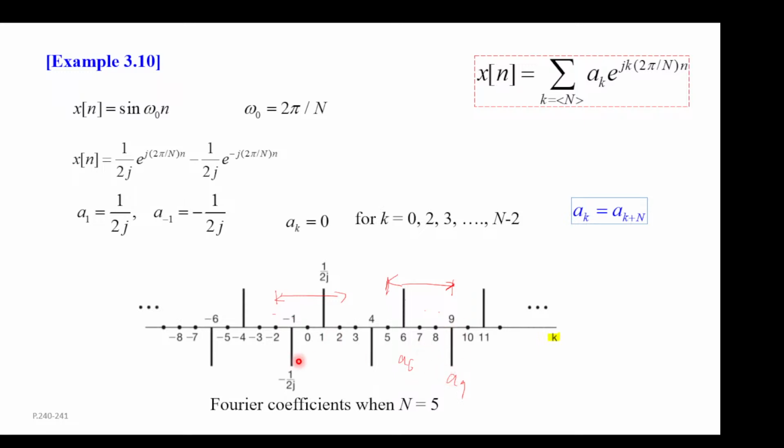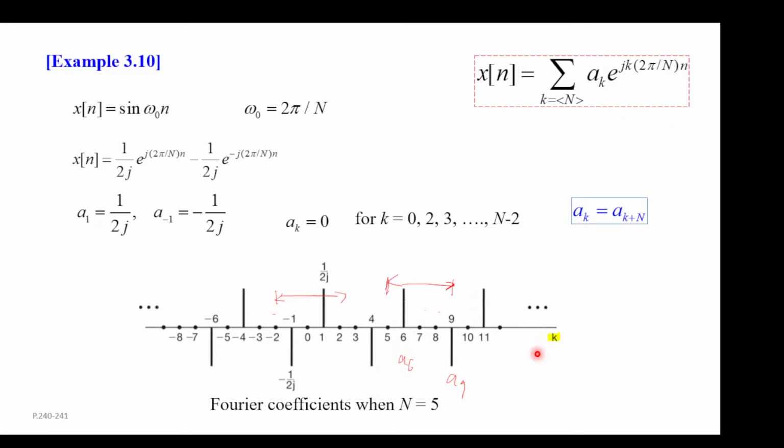And also this a9 will equal a minus 1, and e to the j9 omega n will equal e to the minus j omega n. Okay, so you can pick whatever range over this periodic ak.